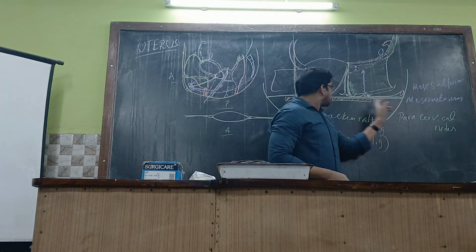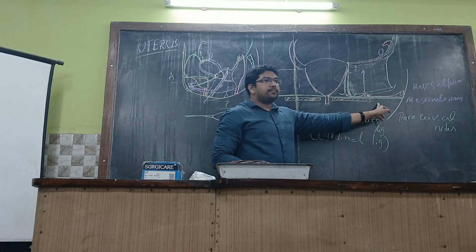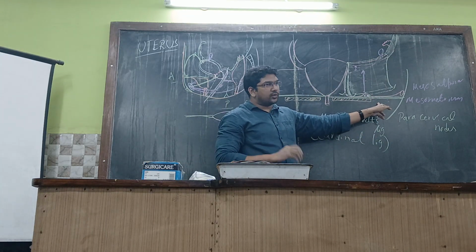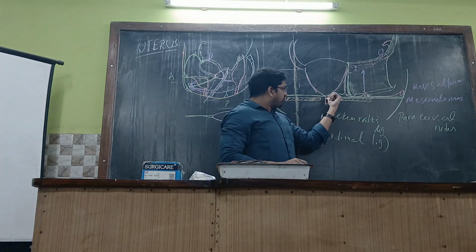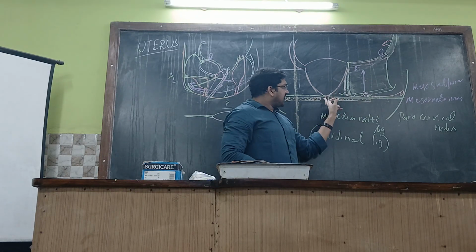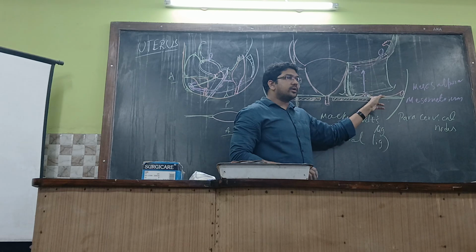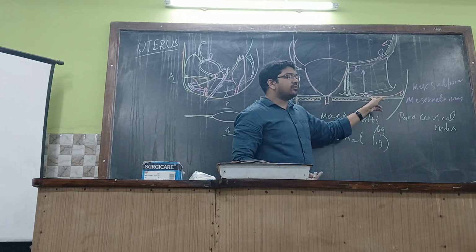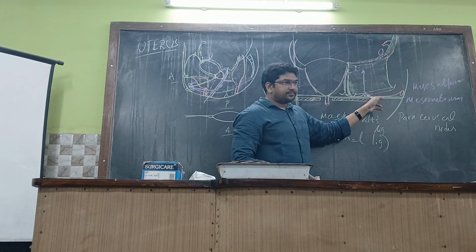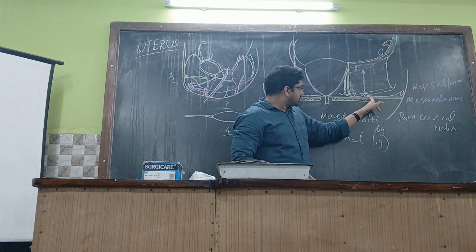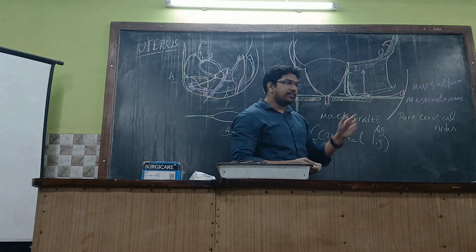Those are nothing but the paracervical nodes, lymph nodes over here. So for example, if there is an infection of the cervix, that will be spreading to this lymph node over here. So what complication will the patient get? The lymph nodes are enlarged over here. At this junction, what will happen?